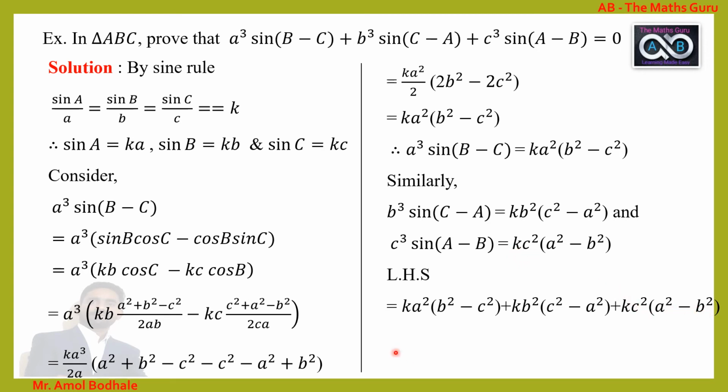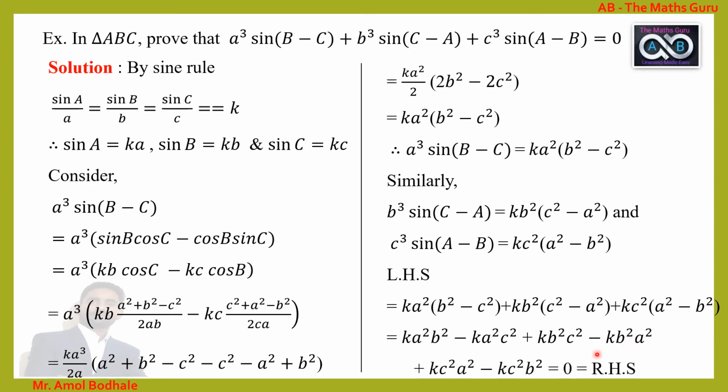Now by simplifying this, we get k a square b square minus k a square c square plus k b square c square minus k b square a square plus k c square a square minus k c square b square.